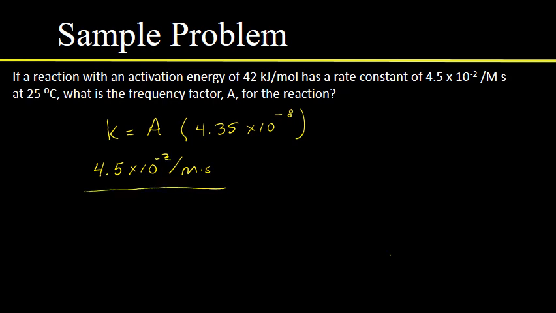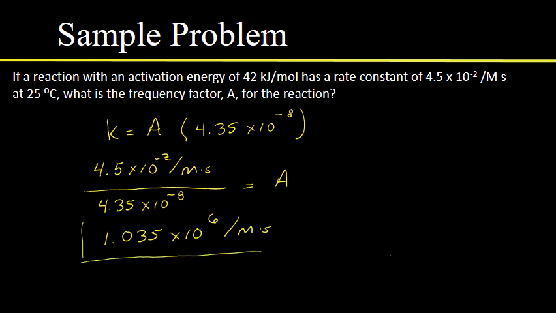Divide both sides by that part we have on the right, 4.35 times 10 to the minus 8, and that's unitless, right? That equals A, which is 1.035 times 10 to the 6th per molarity second.